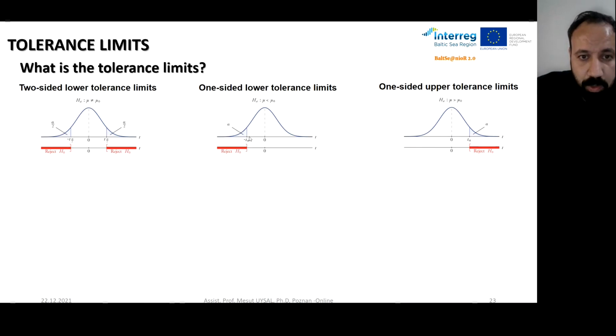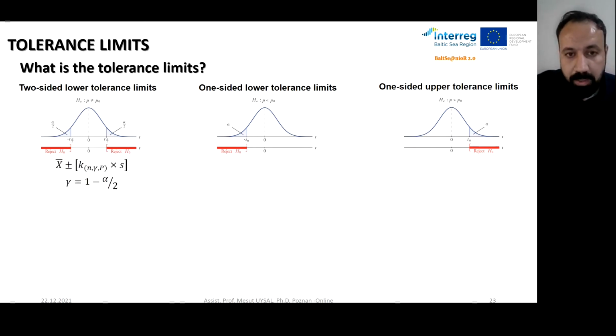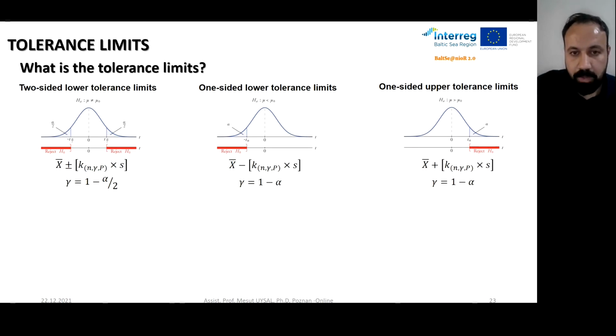We are interested in one tail, the lower side, so it is a one-sided lower tolerance limit. If my data is normal, I can calculate the tolerance limit with this equation, but we don't need it. I will explain later, because the software helps us.